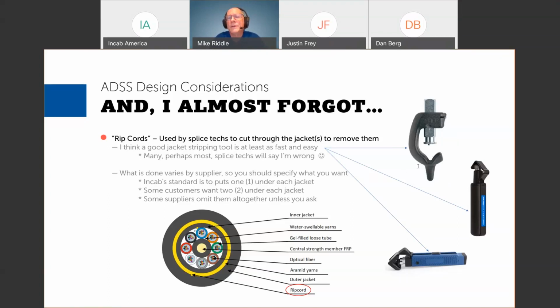Do space potential issues only apply to ADSS or to any polyethylene jacketed cable? Well, they would apply to any other cable as well, but the practical reality is you don't see lashed cable used on 230 kV transmission lines.